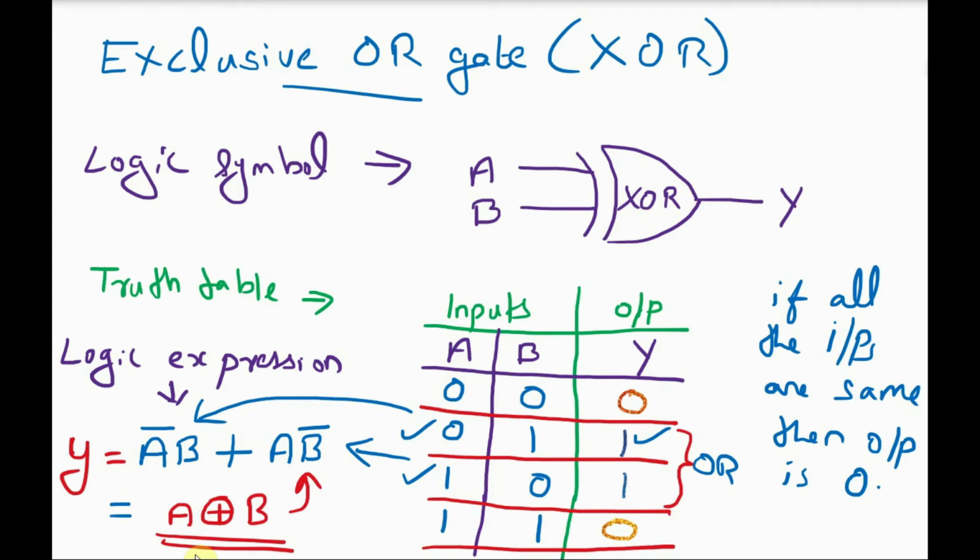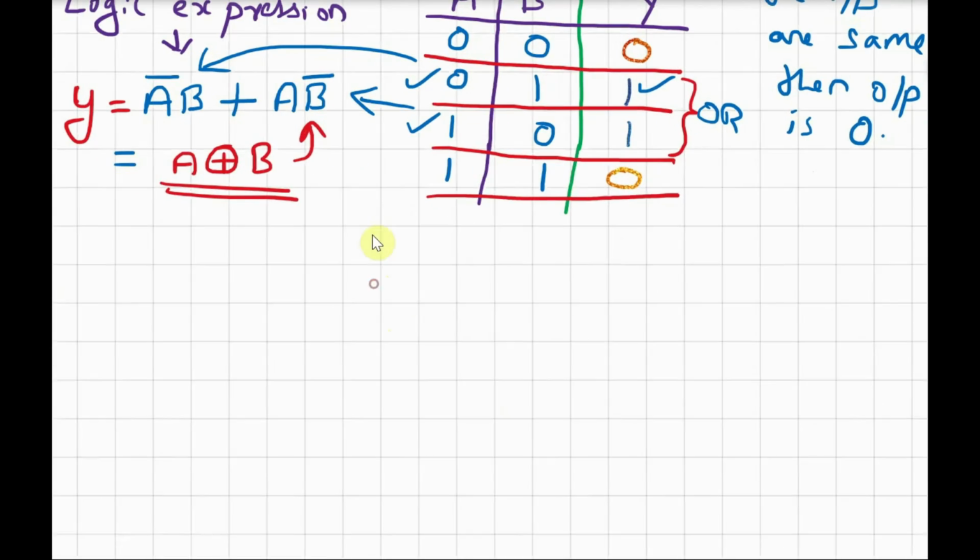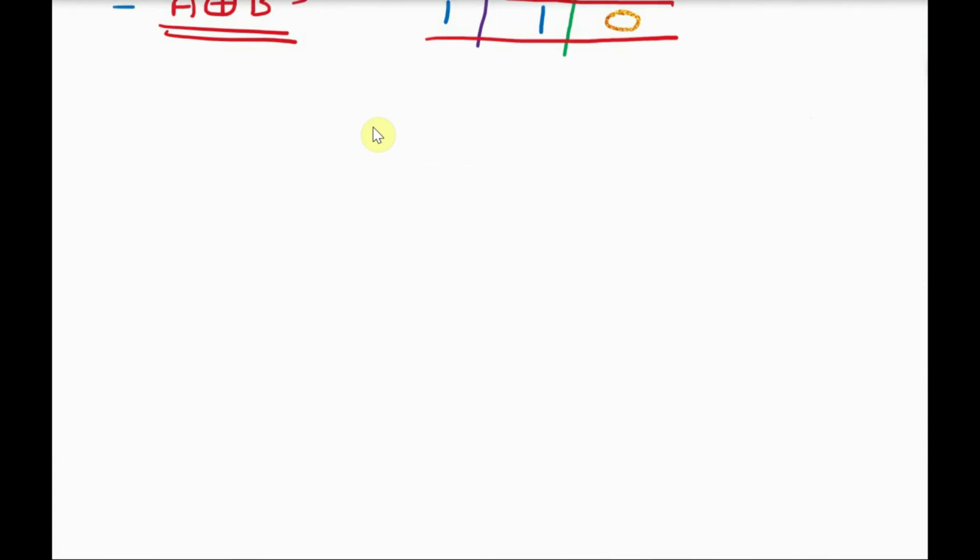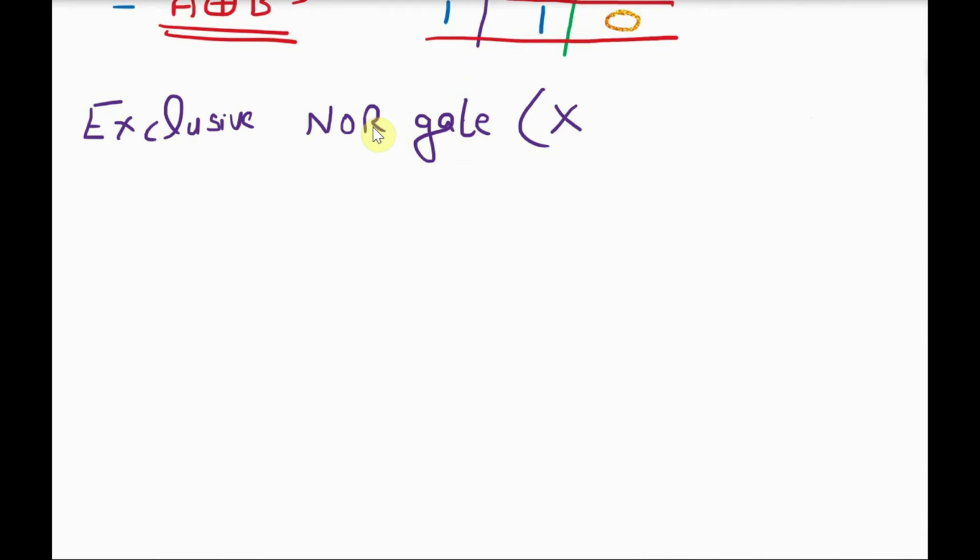Now we will see exclusive NOR gate. The name or the short form of exclusive NOR gate is XNOR.